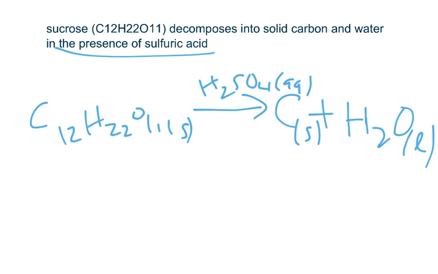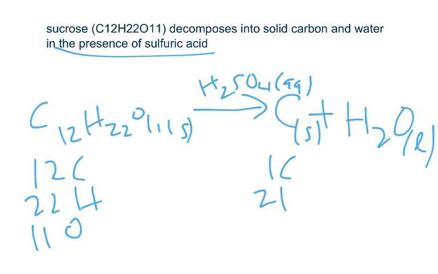So how do we balance this? Well, 12 carbons, 22 hydrogens, and 11 oxygens. Over here we have 1 carbon, 2 hydrogens, and 1 oxygen. Let's balance the carbons first. So we want 12 carbons, so let's put a 12 there, and that makes 12 carbons. Let's balance the hydrogens now. So you need 22, and you have 2, so I need 11 of these.